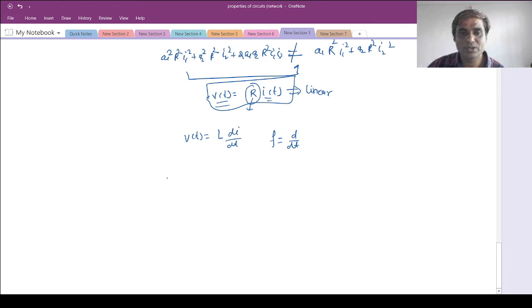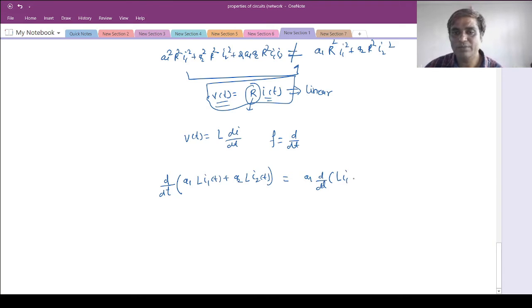The function is d/dt, and let me write a1 if input is L i1 of t plus a2, next input is L i2 of t, and this should be equal to a1, F is d/dt on input L i1 of t plus a2, function d/dt on L i2 of t.